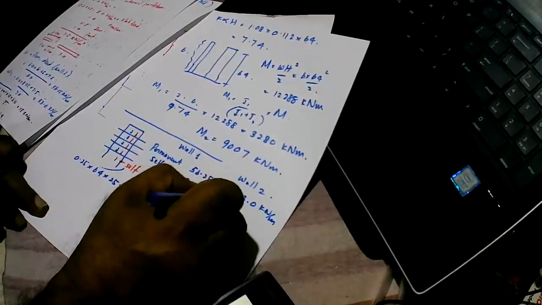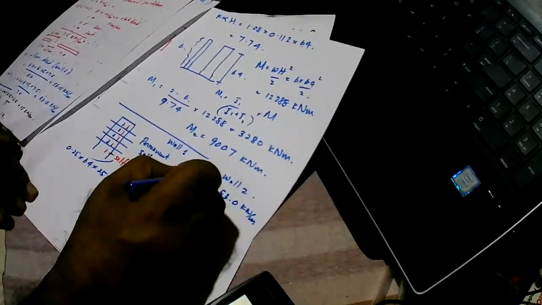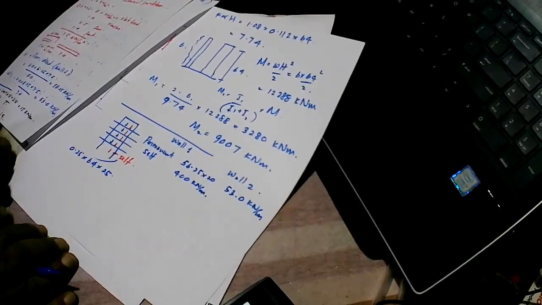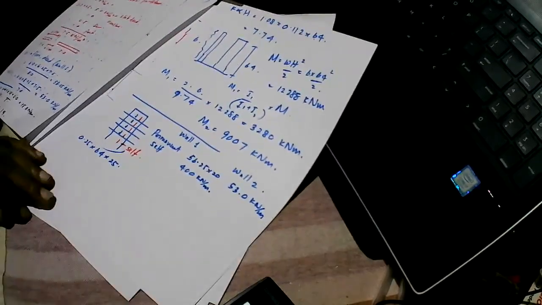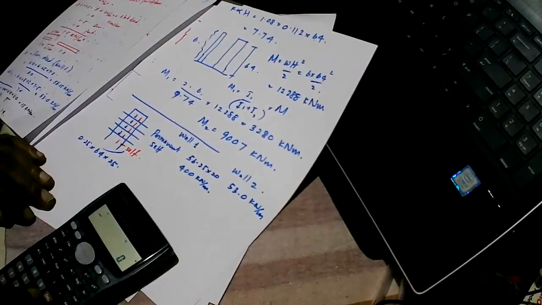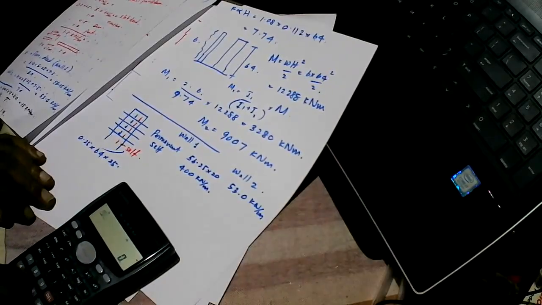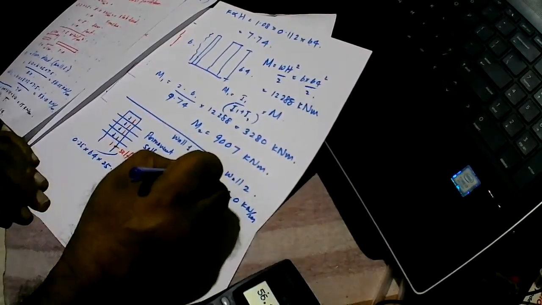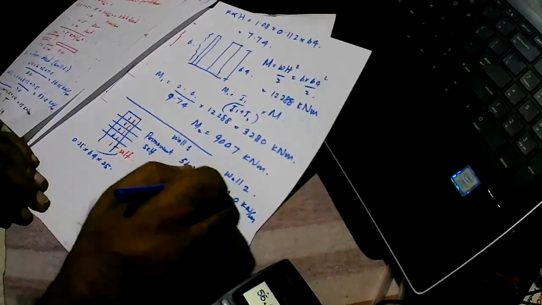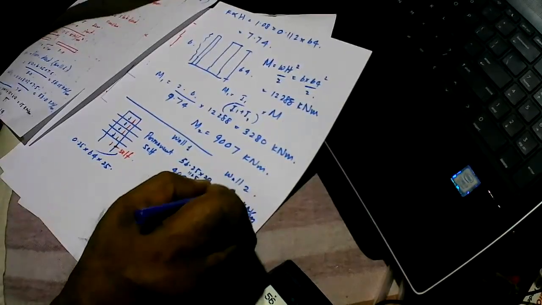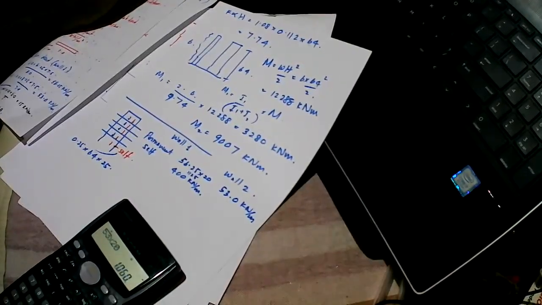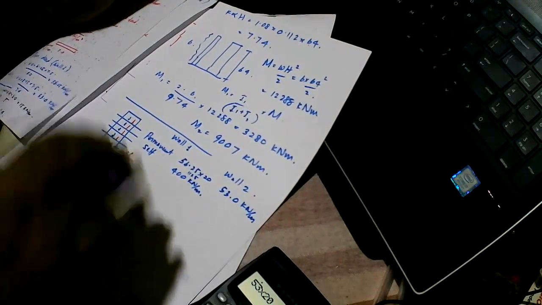kilonewtons per meter, and this has to be multiplied by 20 because there are 20 floors, and we will consider the roof also transfers the same load. So you get 56.25 multiplied by 20, 1125, and on this side you get 53 multiplied by 20, 1060.